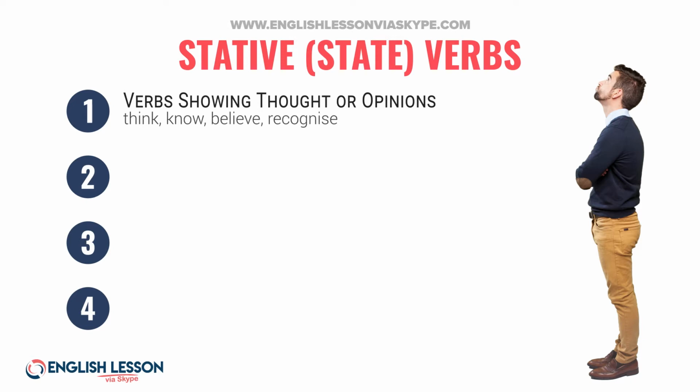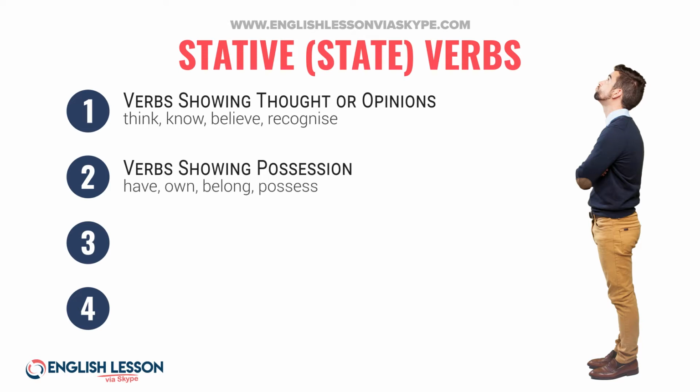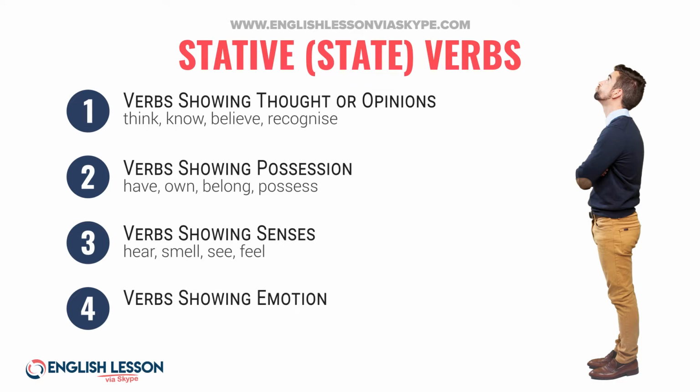I think, I believe. There are those verbs about possession, I have. And then the third category about the senses, to hear or to see, okay, to hear or to see. And then finally, there are those stative verbs about emotions, love and hate, all about your feelings, okay?